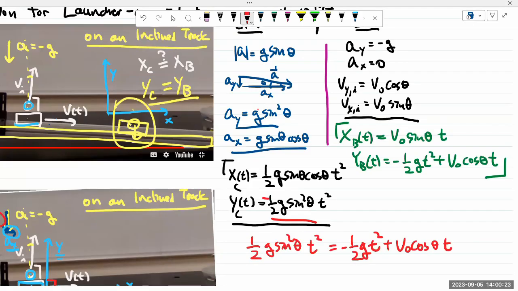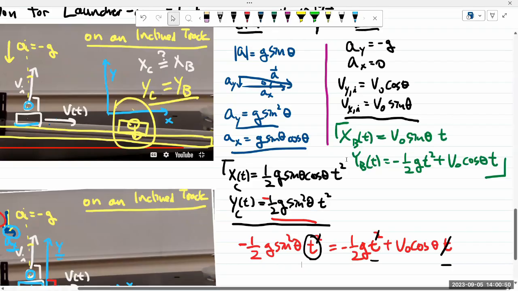There should be a minus sign here because the cart is moving downward. Let me put a minus sign here. I think I fixed the sign error. I'm still sighing a sigh of relief because every term has a factor of t, so I can cancel out a factor of t. And for the remaining algebra I only have to solve a linear equation, so I don't have to use any quadratic formula. That always makes things simpler. So I think I can just solve for t.